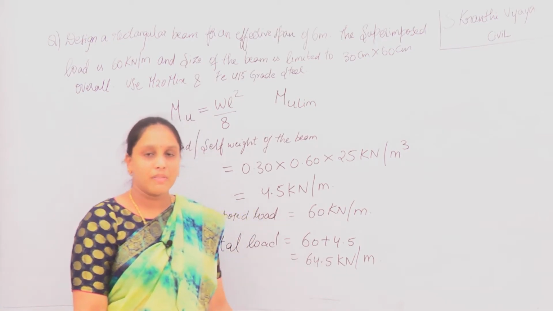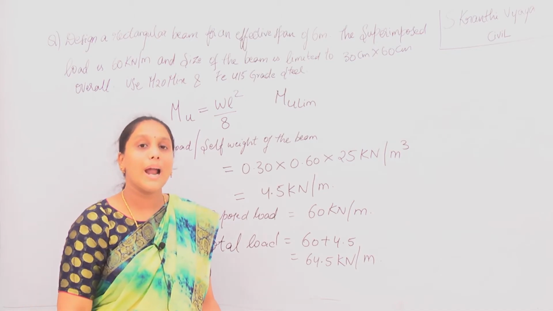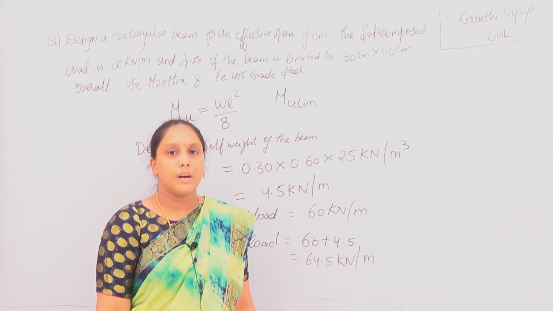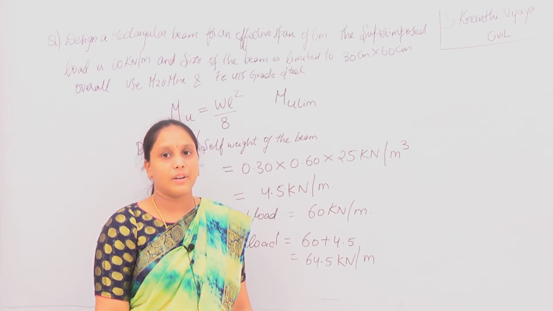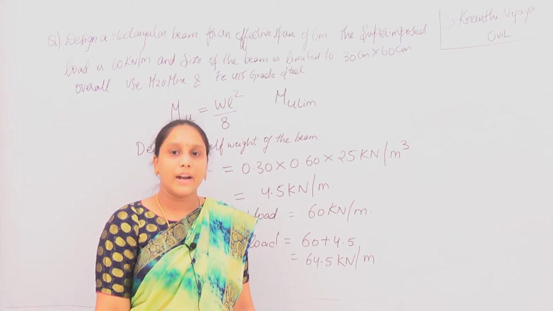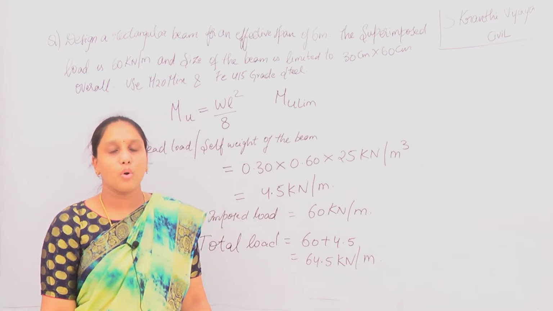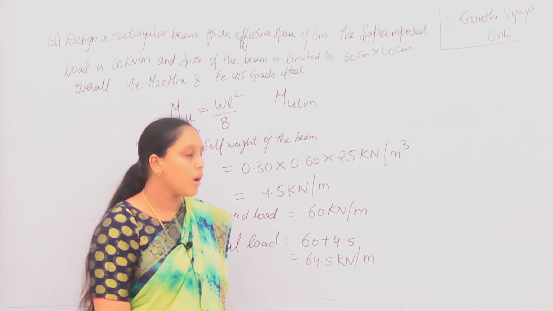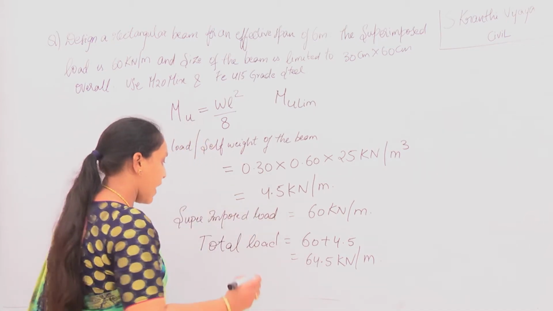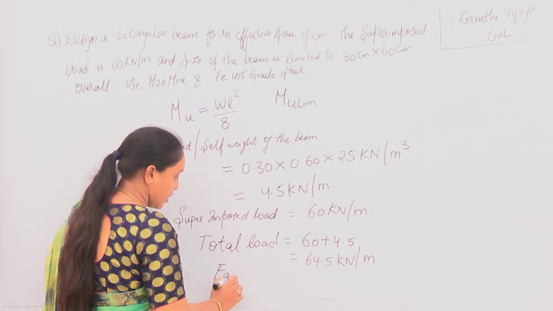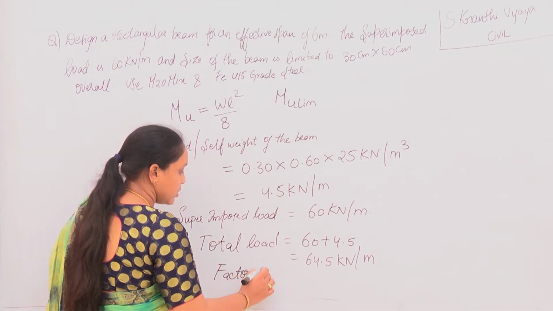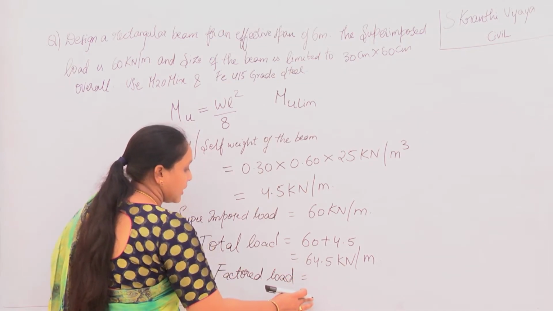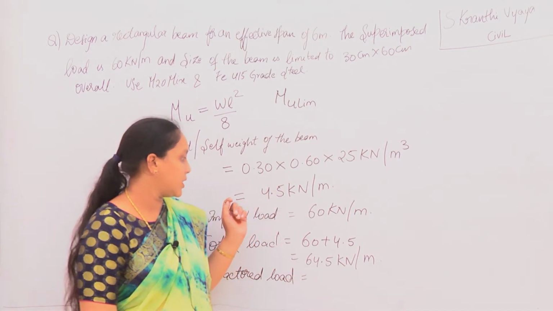In the previous sessions we have already discussed. While designing, what we have to do? We have to use a suitable partial safety factor, and we have to find out the factored load. That factored load only should be used in designing. So how will we find out the factored load? Here, what are the two load combinations we have?